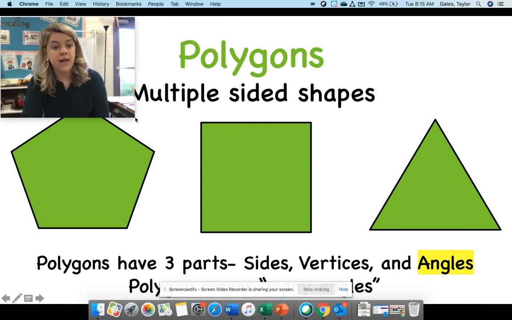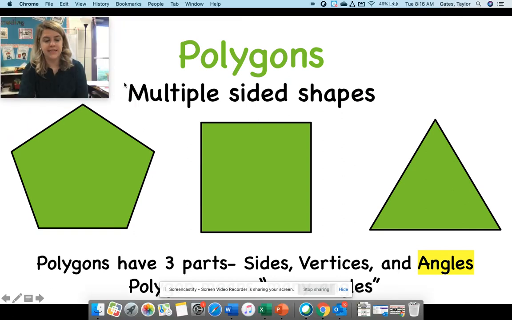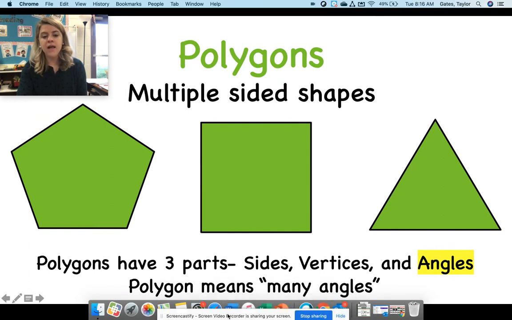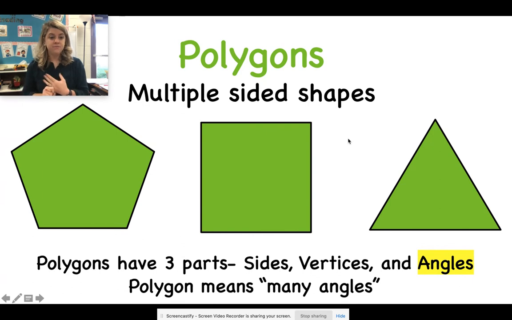What is a polygon? I'm going to make myself a little bit smaller so that we can see. Okay? So what is a polygon? Well, a polygon is a multiple-sided shape. Remember, multiple means more than one. So a polygon is a shape that has more than one side. Okay? Now, polygons have 3 parts, okay?